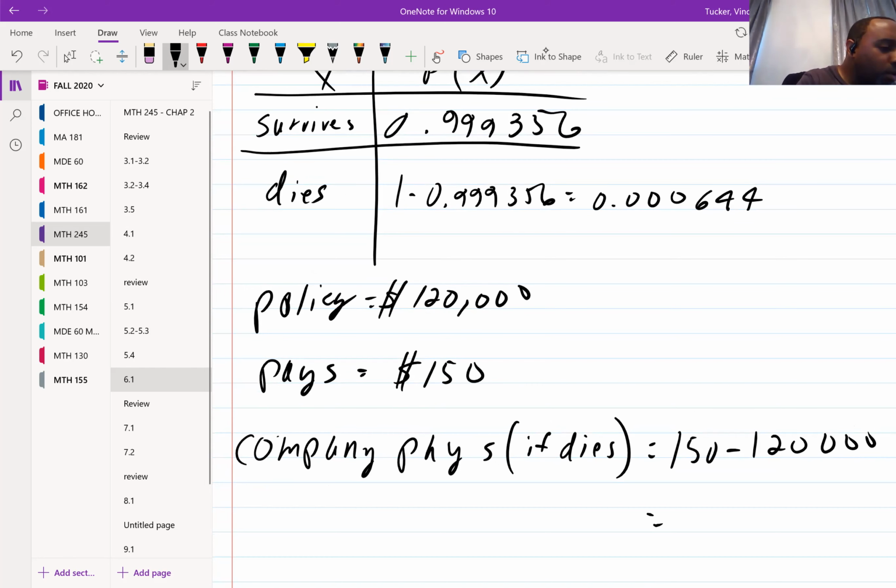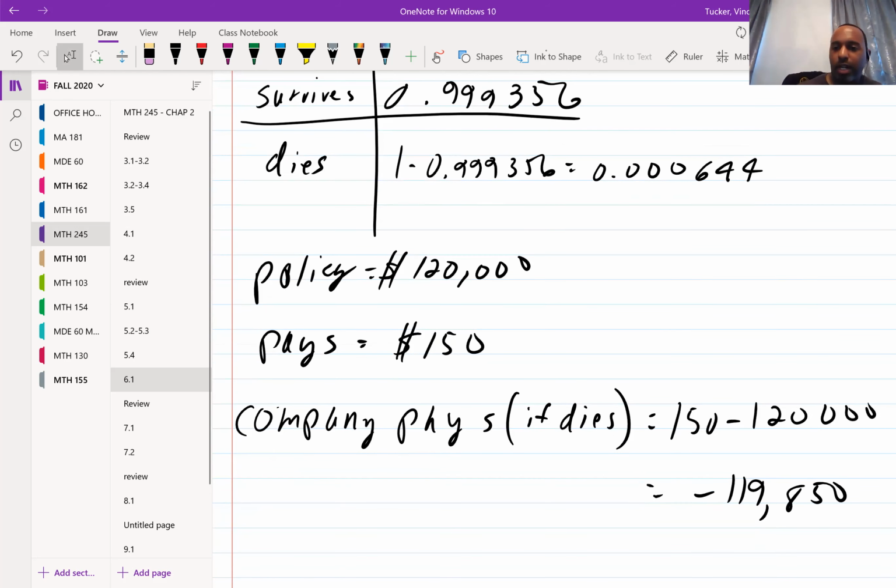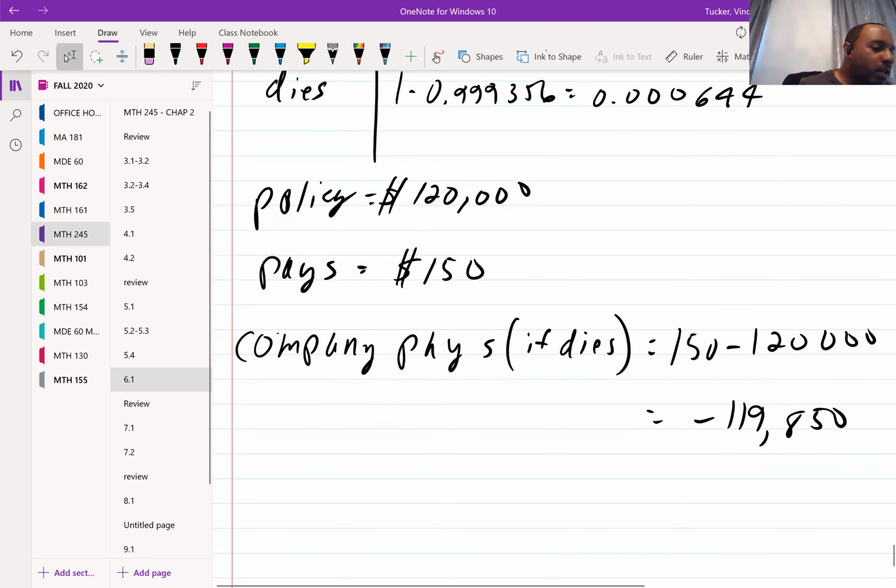So that's where that is coming from. So they would actually lose 119,850. So that should be a negative. I'll just drop the dollar sign for right now. Negative 119,850. All right. So Ms. Andrew, you with me so far? We good? Okay, cool. So now then they show us value.